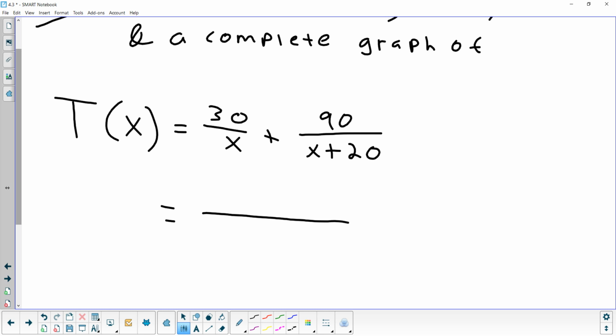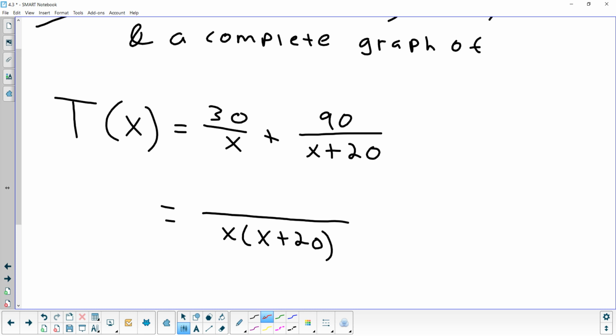If I want to add those fractions together, what do I have to make sure that I have? Common denominator. The easiest way to get a common denominator is just multiply the two that you already have together and then figure out what's missing in each fraction. So the common denominator would be x plus 20.